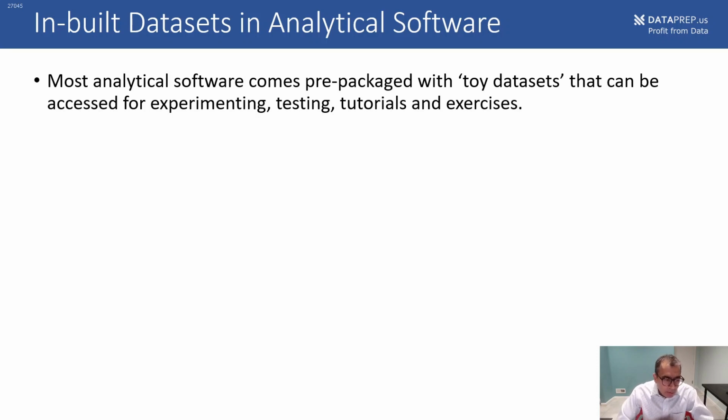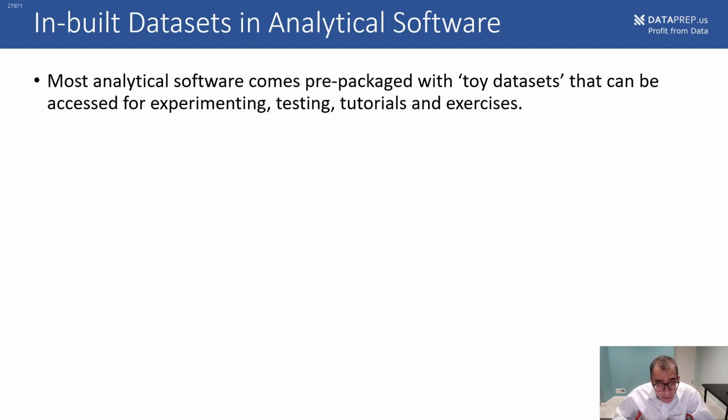Finally, very often we have to try out different things. We have to try functions, we have to see what we can do with data, and we have to practice, we have to experiment, we have to demonstrate a particular point, and for that we need data. Most analytical software comes pre-packaged with some toy data sets, and these can be accessed for experimentation of the kind I just described.